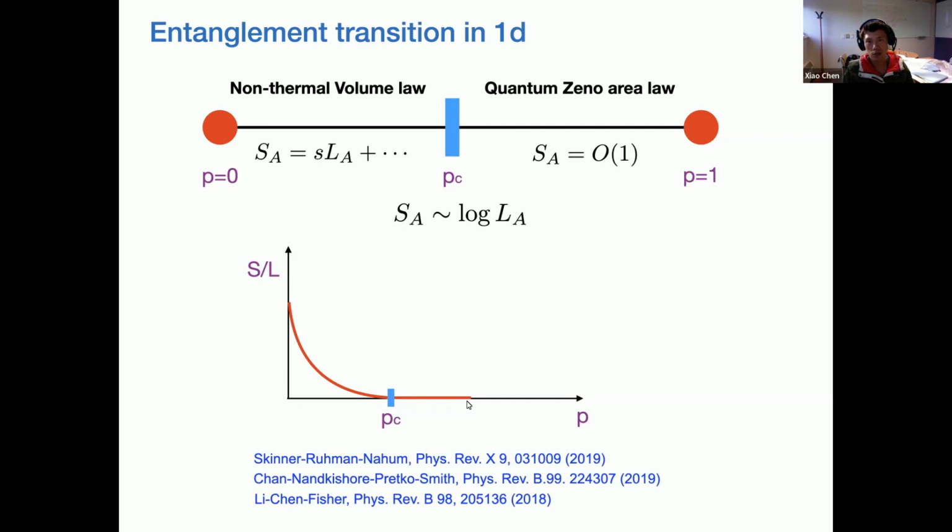So this is a measurement induced entanglement phase transition. We are interested in this type of phase transition because when we identify the phase transition, we could analyze properties around this point, and see if there's interesting physics around the quantum criticality.